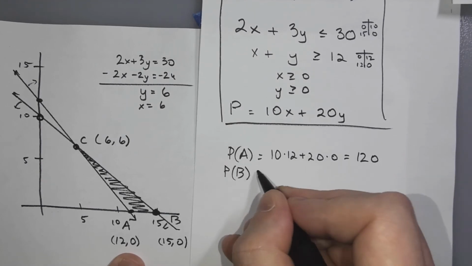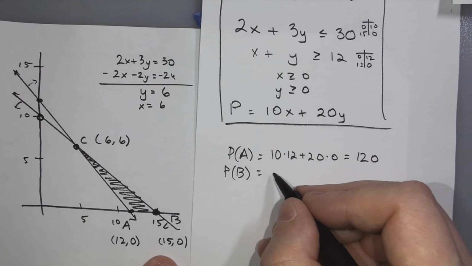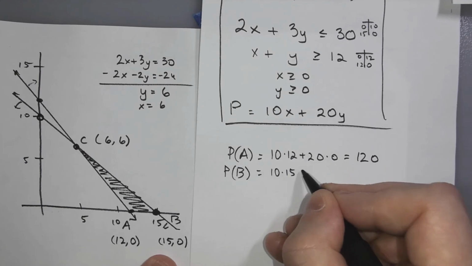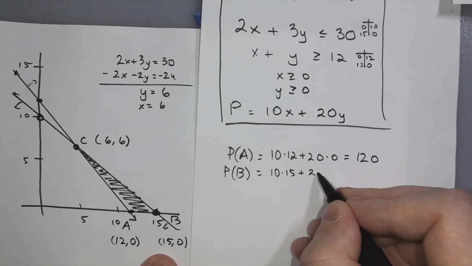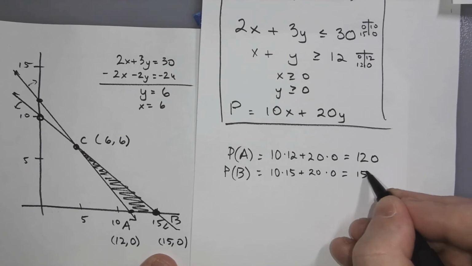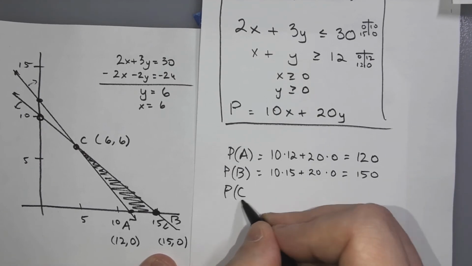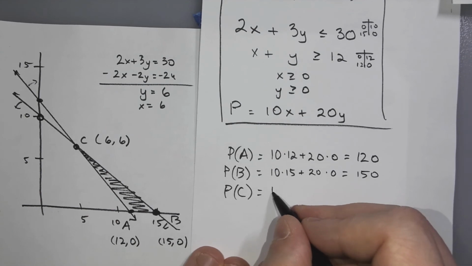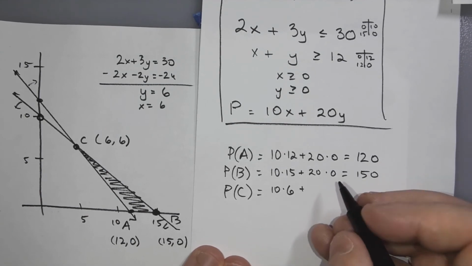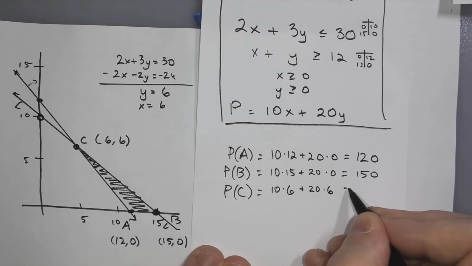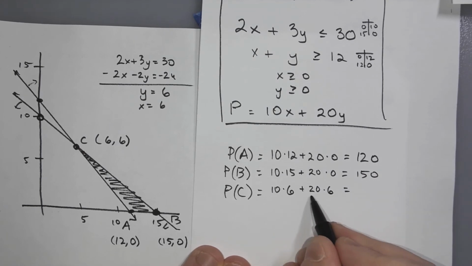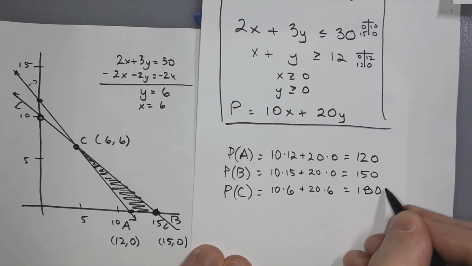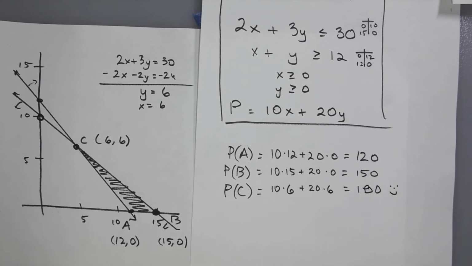The profit at B would be 10 times 15 plus 20 times 0, and that provides 150 bucks. And then the profit at C would be, let's see, $10 at 6 and $20 at 6, and that's 60 plus 120, which is 180. So there's our happy place.